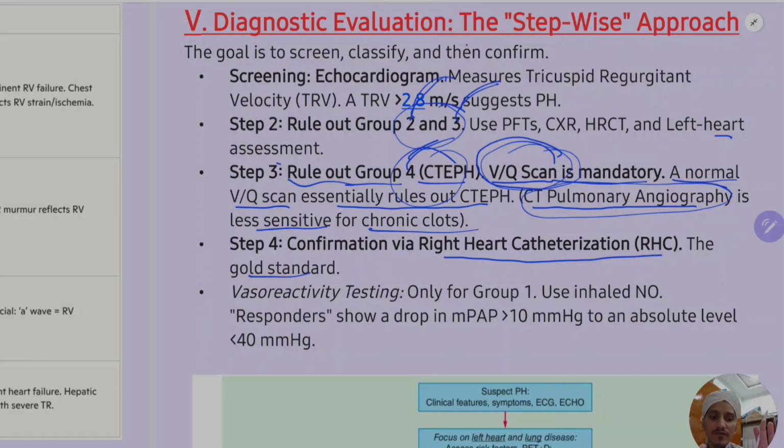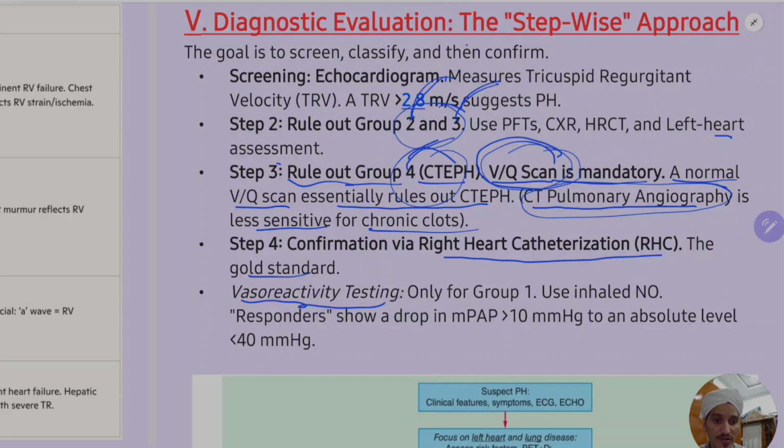So in group 1, one thing you should rule out when you have confirmed by right heart catheterization is vasoreactivity testing. What is this vasoreactivity testing? By this testing, you want to know whether these patients respond to calcium channel blockers, which are vasodilators. High dose calcium channel blockers, which are used for hypertension, like nifedipine, amlodipine.